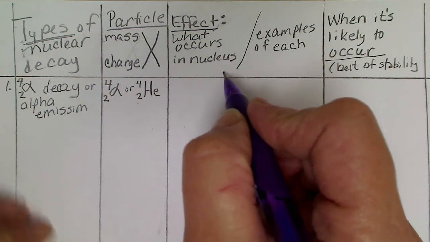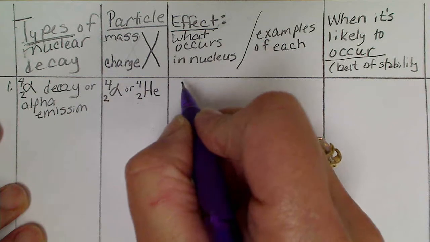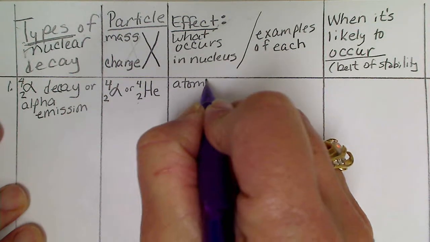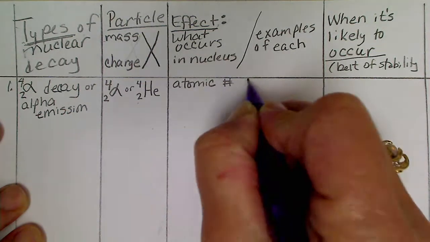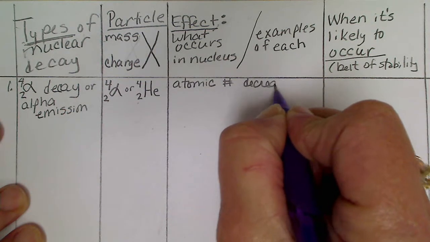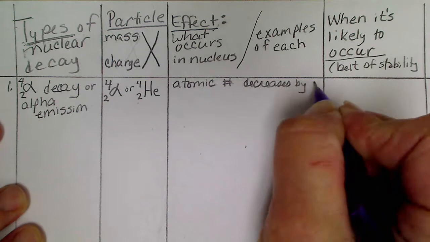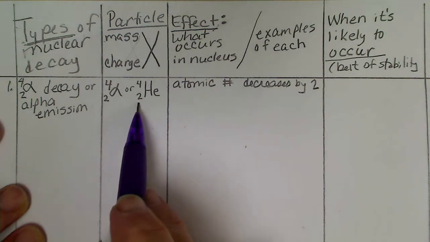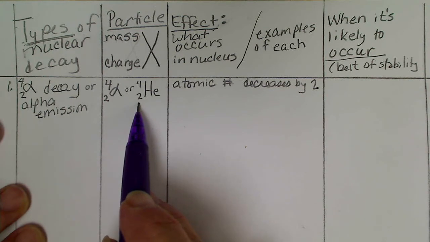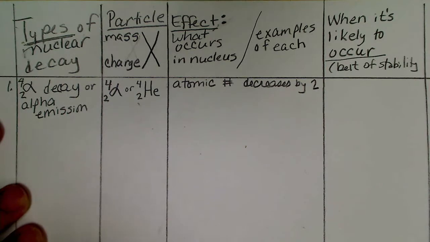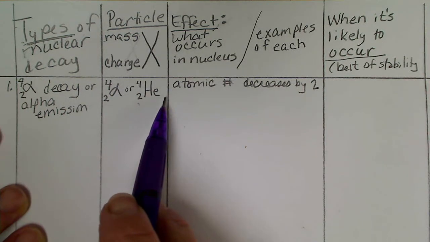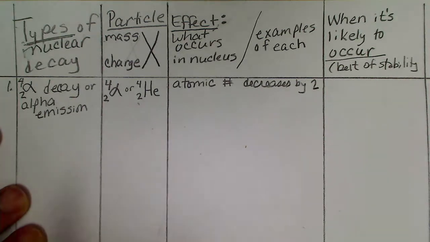What happens inside the nucleus is the atomic number decreases by 2, because if the nucleus gets rid of 2 protons, then that nucleus becomes the element 2 atoms lighter than it started.